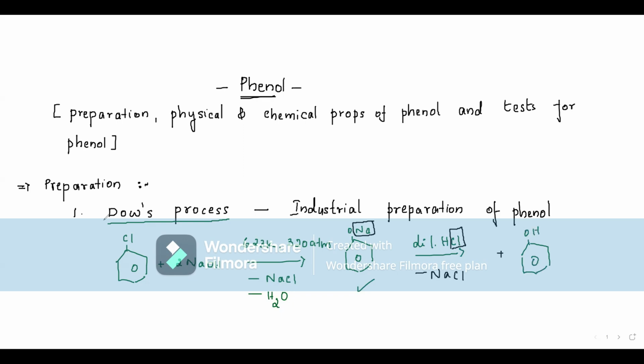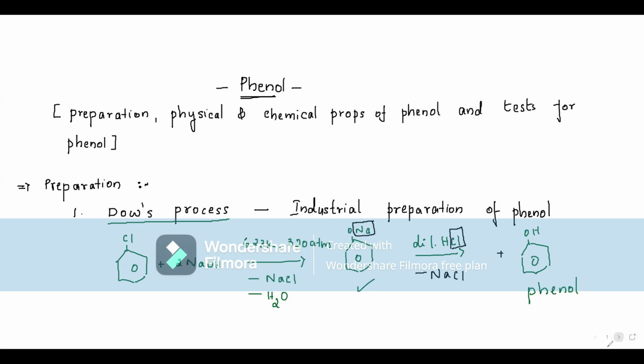So in Dow's process, the intermediate is sodium phenoxide, which on acidification, when you treat it with dilute hydrochloric acid, you are getting phenol as your final product.